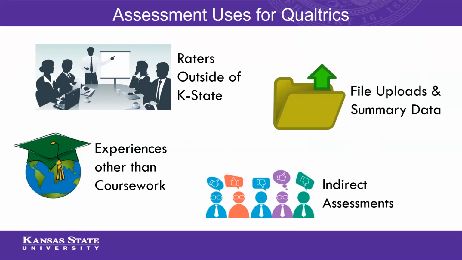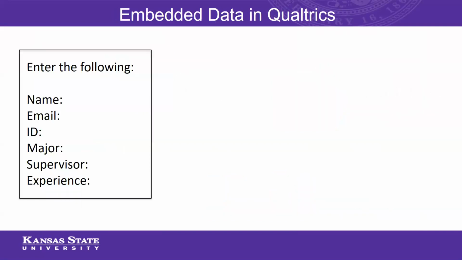And the reason we bring this up is because we, as assessment coordinators and programs, want to understand student learning through a variety of means, so we can more fully understand the learning experience and the quality of learning that is happening in the most authentic way possible.